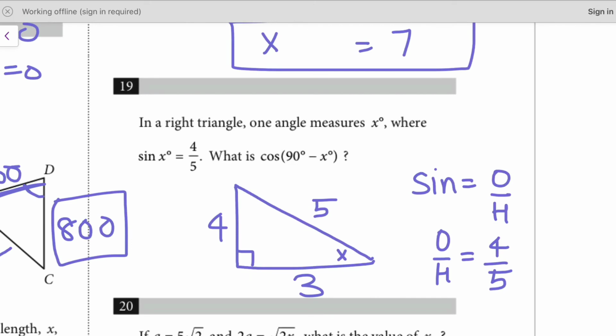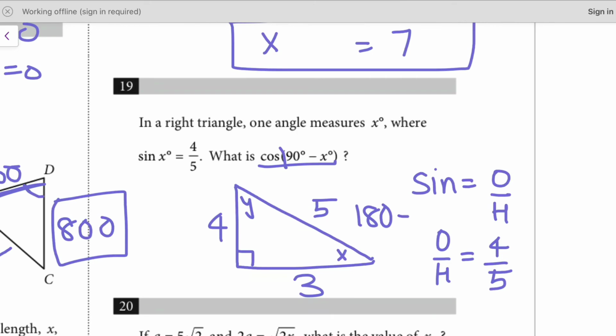Okay, so now that I have the sides of the triangle, I need to figure out what is cosine of 90 degrees minus x degrees. What they mean when they say 90 degrees minus x degrees, they're just referring to the other angle in the triangle. I'm going to call this y, but they're just referring to this angle when they say that because, think about it, all the degrees in a triangle is 180.